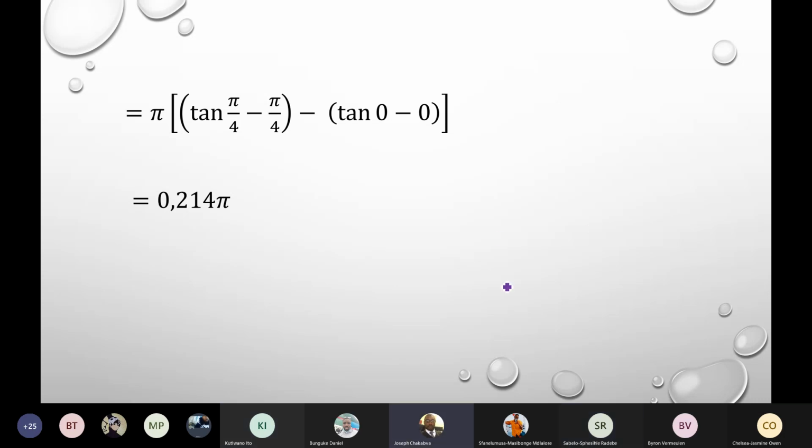Remember, when you're punching, this should be on its own. You punch tan 45, and then pi over 4, you punch it as it is. You don't say 1 minus, then you punch pi over 4. Oh, okay. So thank you. Yeah, that's how you punch it.